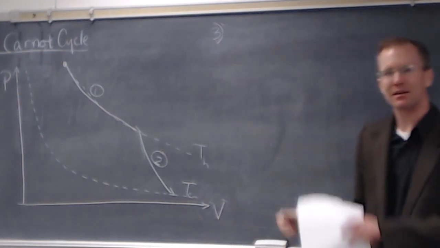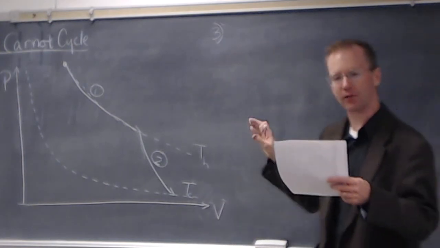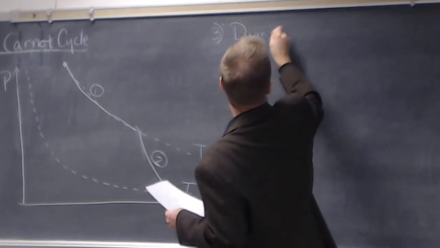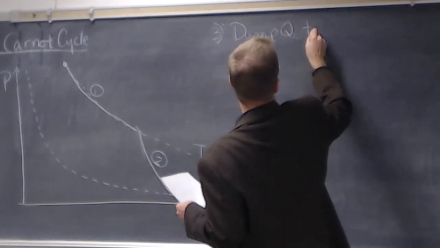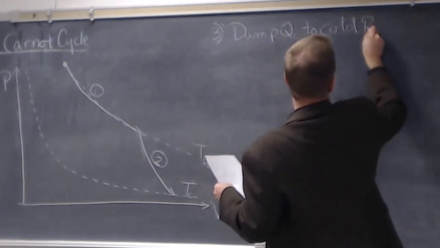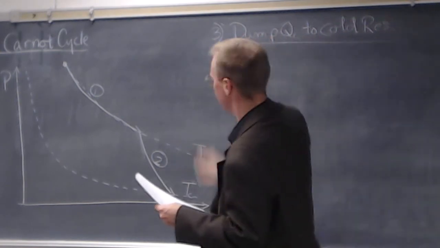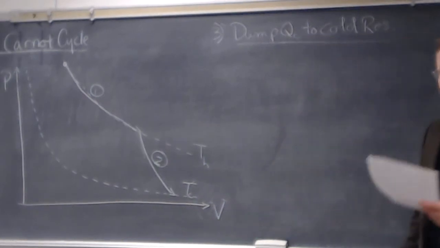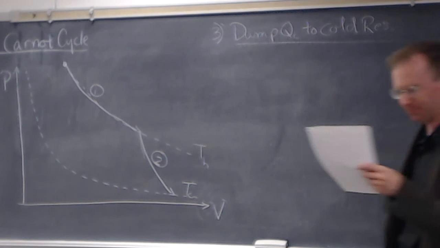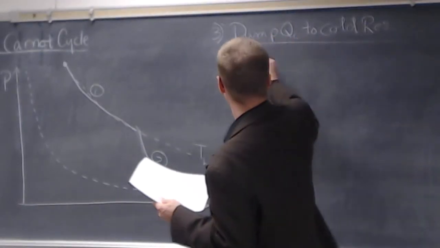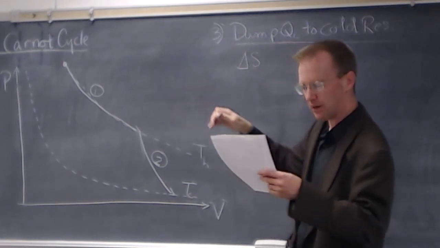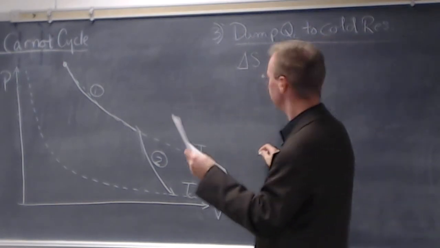In step 3, we need to get rid of the waste heat at the cold temperature. How do we dump the waste heat while not creating any new entropy? Just as before, delta S is Q over T if it's quasi-static, which this is.